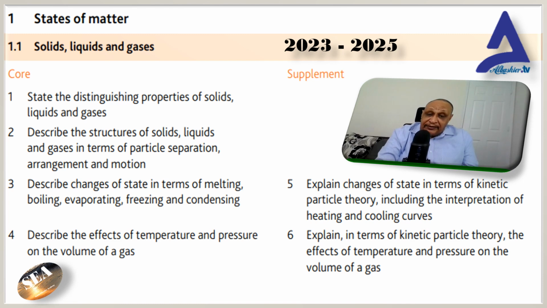Again, number 6, explain in terms of the kinetic particle theory, the effect of temperature and pressure on the volume of a gas. So those are the 6 items that we are going to deal with during our first chapter. And today we will be in the second session. We will see what it is about. Let us go and see.